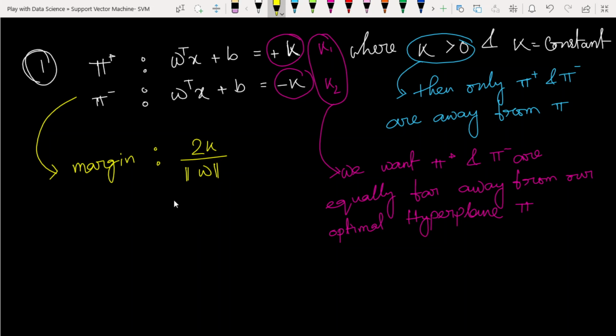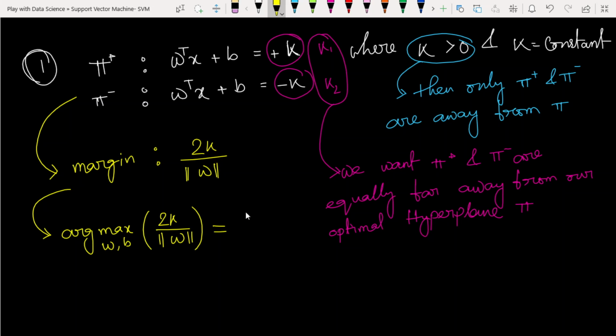Okay, and if this is our margin, then what will be our optimal equation now? Our objective function is converted, and now it will be arg max over all w, b of 2k by norm w.